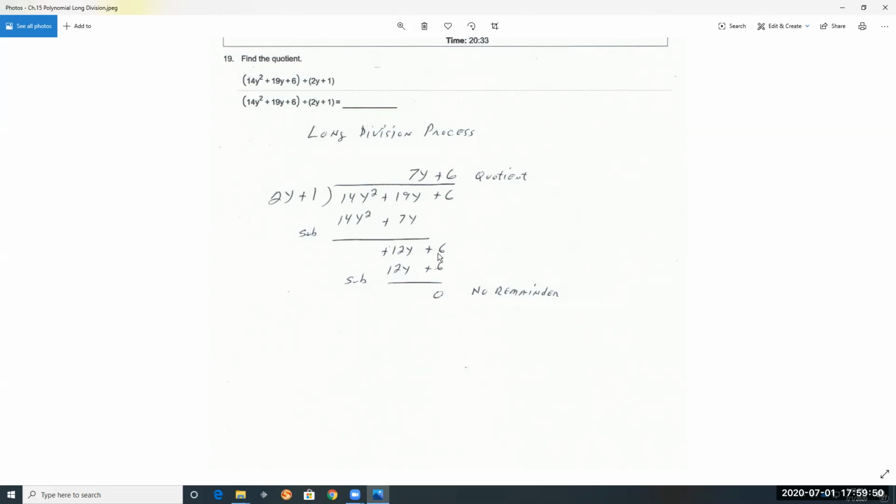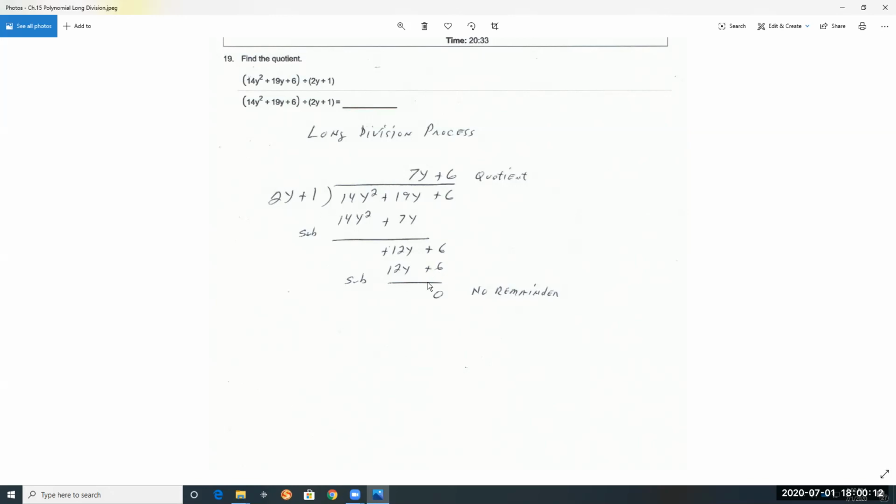We start this process all over again by dividing 2y into 12y to get a sample quotient. That's going to be plus 6. Put it here. Take this new quotient times the divisor. 6 times 2y is 12y. 6 times 1 is plus 6.